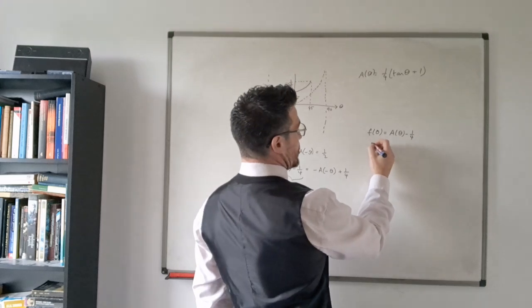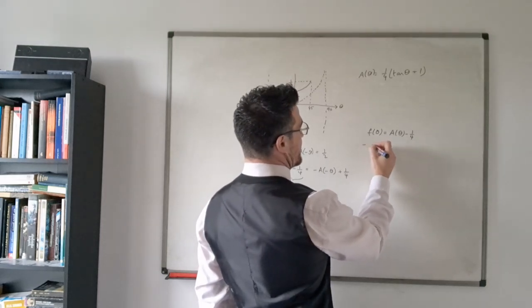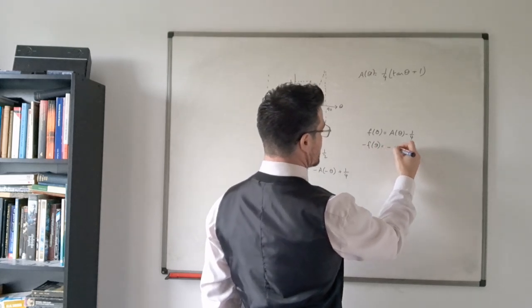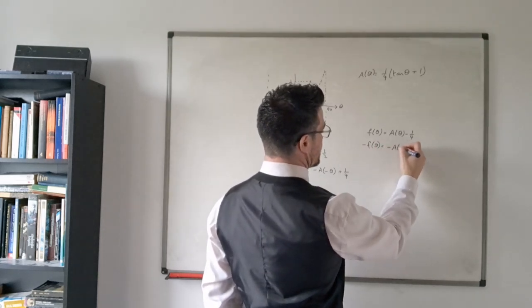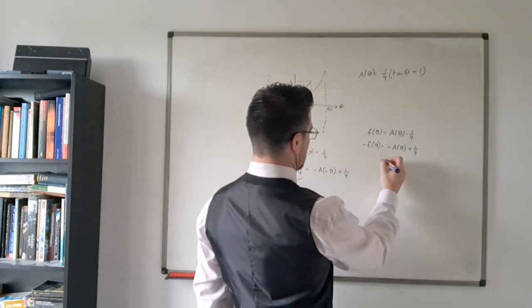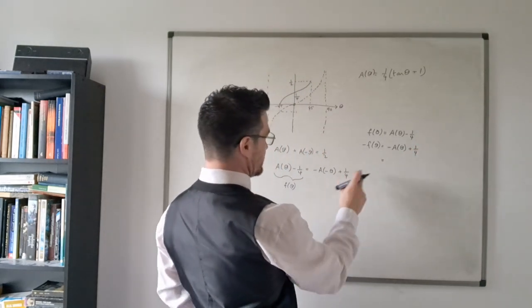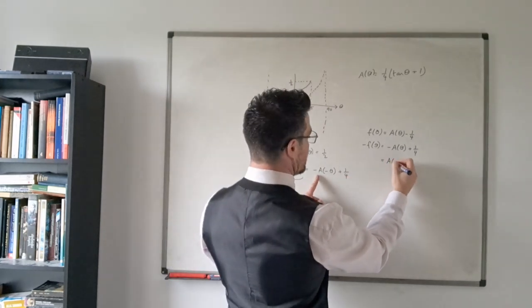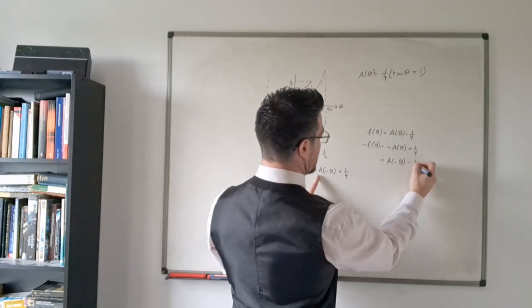And minus f of theta is going to be equal to minus a of theta plus a quarter, which is equal to a of minus theta minus a quarter, right?